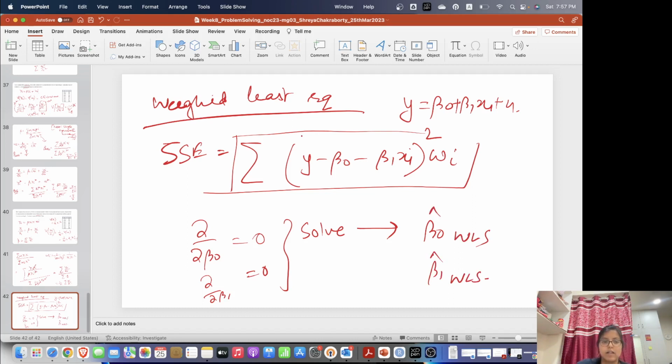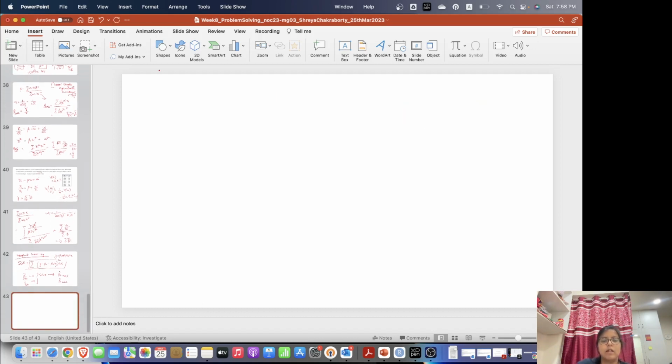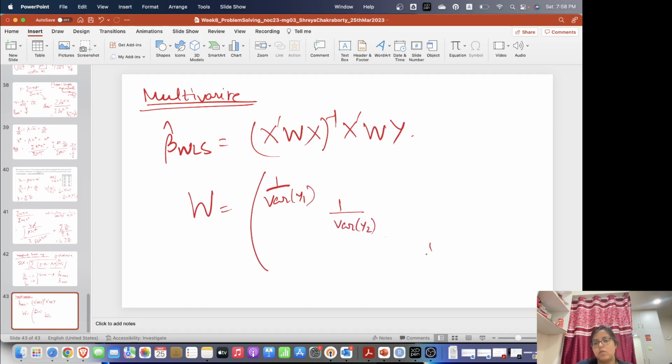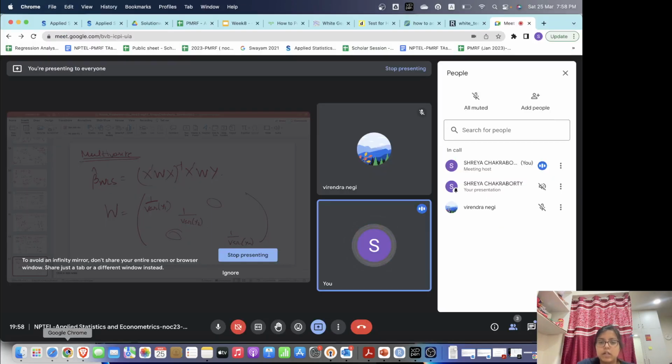This is for a one variable case, and if we have a multivariate case, then beta hat WLS will be X transpose W X inverse X transpose W Y, where W will be a diagonal matrix with 1 by variance of Y1, 1 by variance of Y2, up to 1 by variance of Yn, and all the others will be 0. Is it okay?